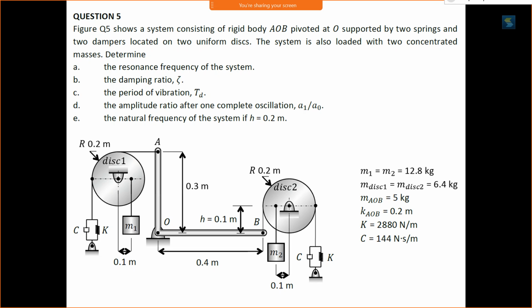Apa resonant frequency? So kalau biasanya soalan dia akan bagi term-term yang lain sebenarnya. Okay, so kena faham lah. So kalau dia beritahu resonant frequency, maksudnya omega n lah, ataupun natural frequency, sama je. And B, damping ratio zeta, C, period of vibration Td, D, amplitude ratio after one complete oscillation, A1 over A0, and then the initial frequency of the system.